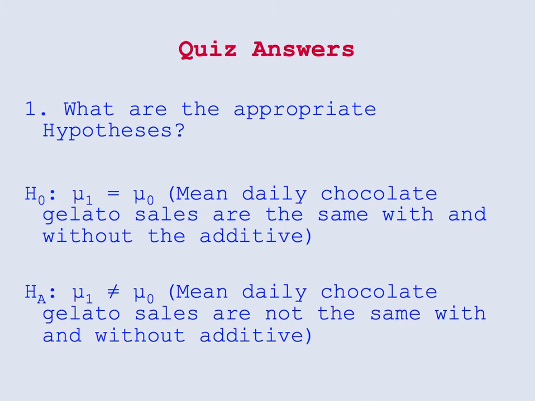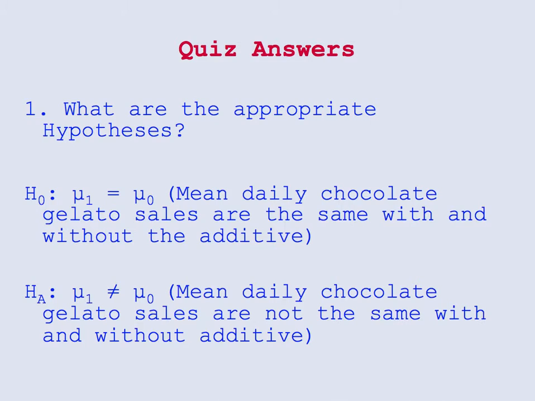So, just to look back on our quiz, if you recall, the quiz was related to an employee of a gelato factory who wanted to use an additive in the chocolate ice cream.